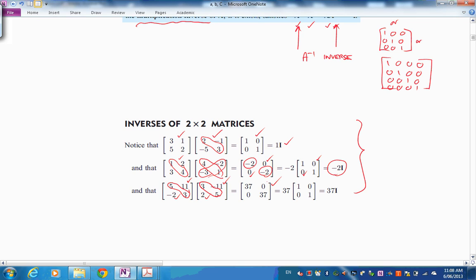Oh, it's a near miss. We got the zeros, but we didn't get ones in there. We got 37 times I. Can you see the pattern? We're interchanging this pair and changing the sign of the other two and almost getting what we want. Sometimes it's working and sometimes it's too big. Let's come down and see if we can investigate that.